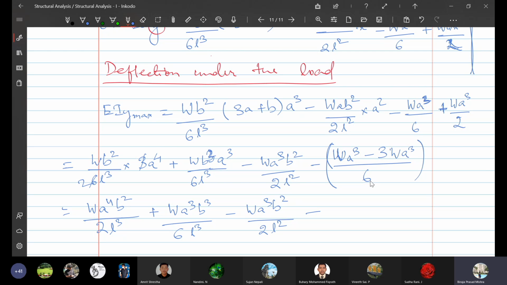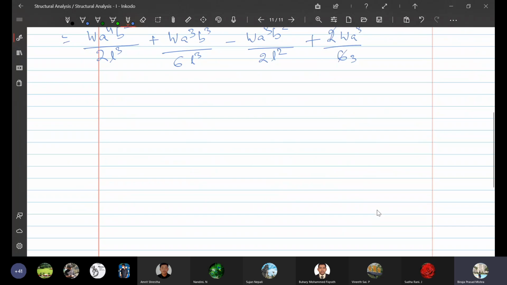Minus, this is how much? w a cube minus 3 w a cube, it is minus 2 w a cube. So minus minus is plus, divided by 6. This 2 and this 6 cancel out.